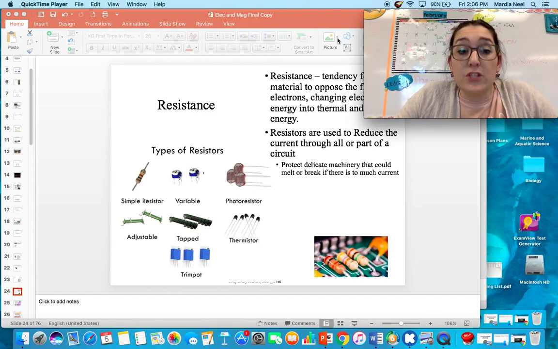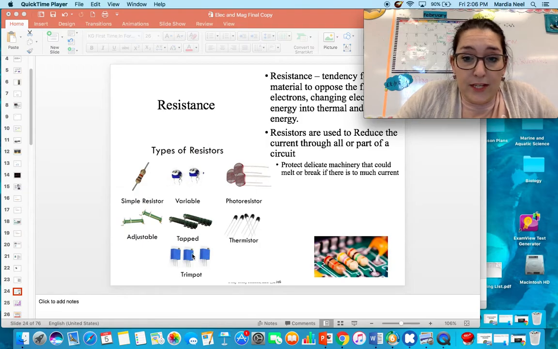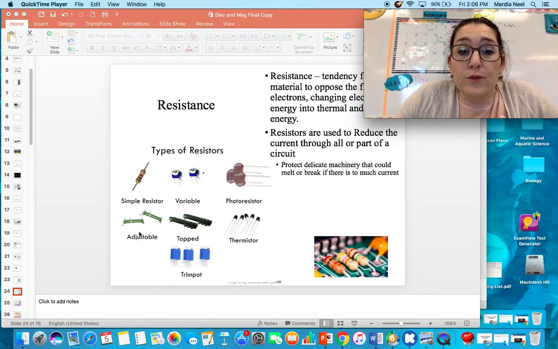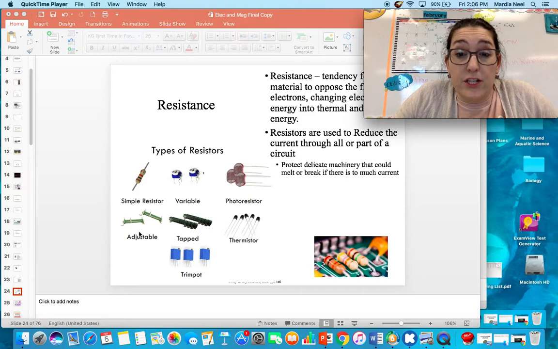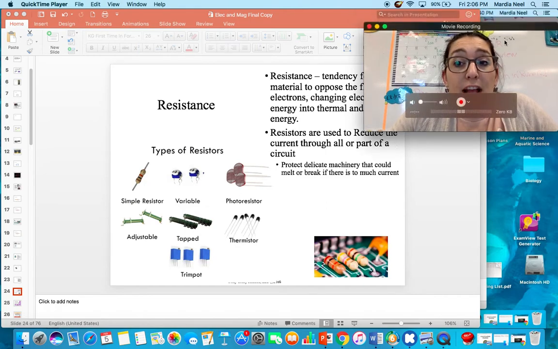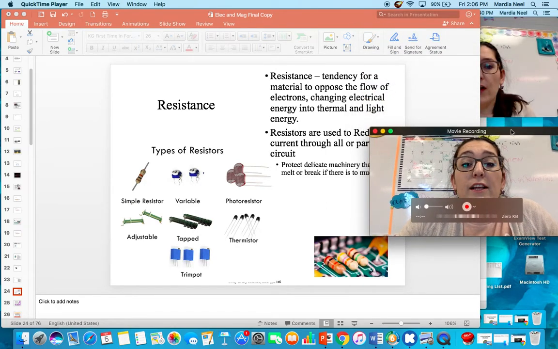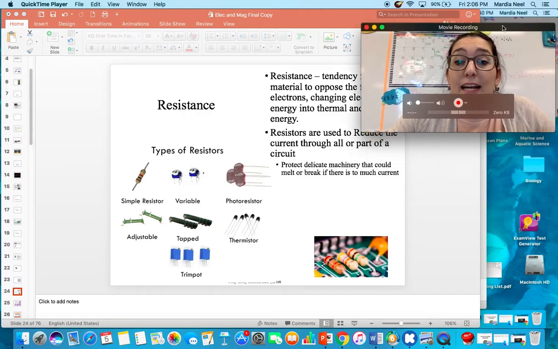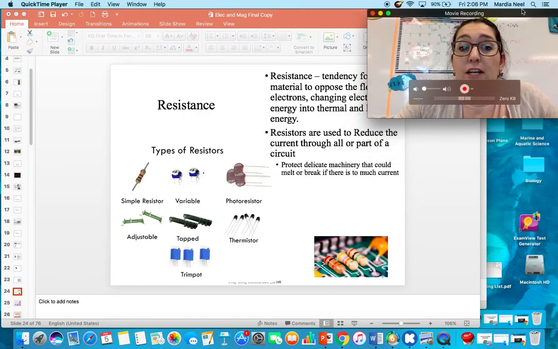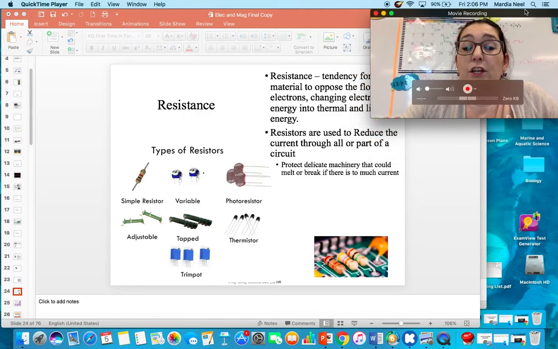So a resistor, which is what these little things are down here, is used to reduce the amount of energy. As they're reducing the amount of energy, they're changing that energy. They're going to take that extra energy and change it into thermal energy and light energy and get rid of it.